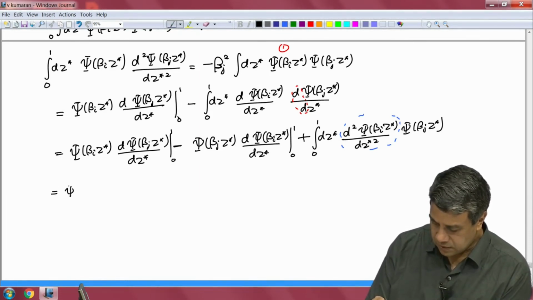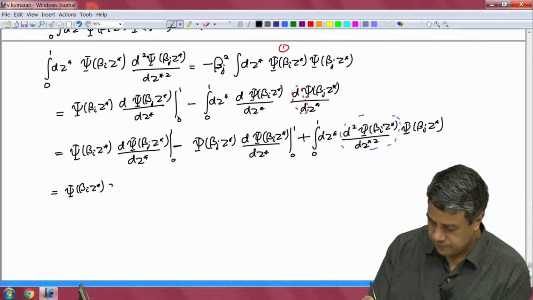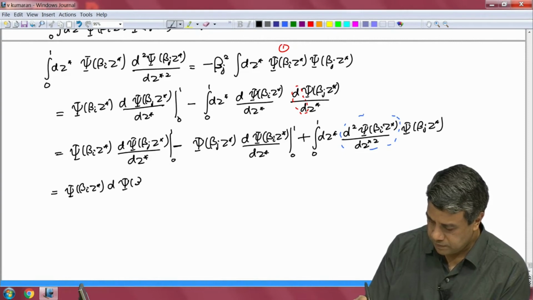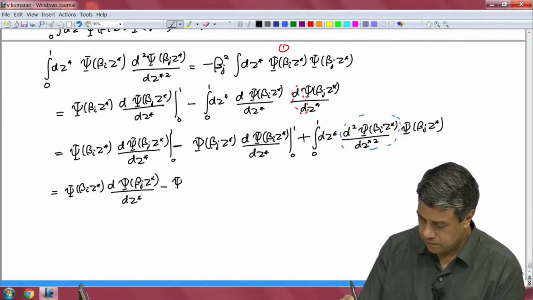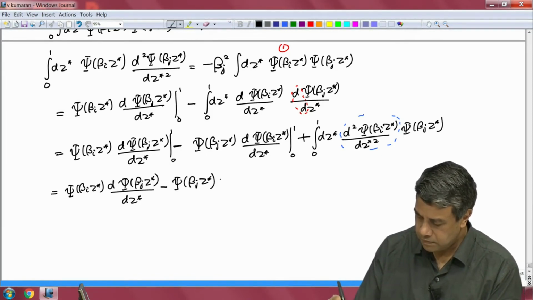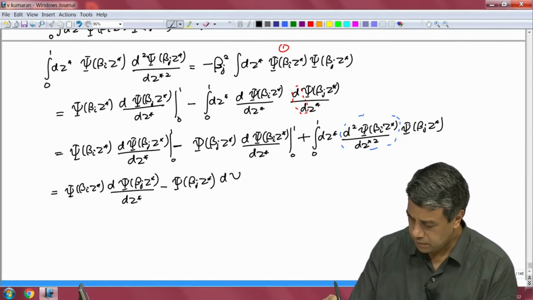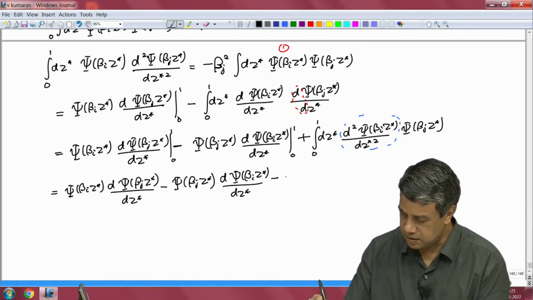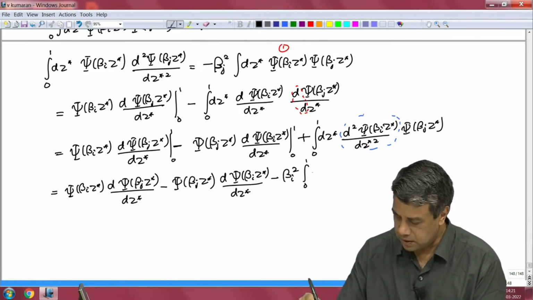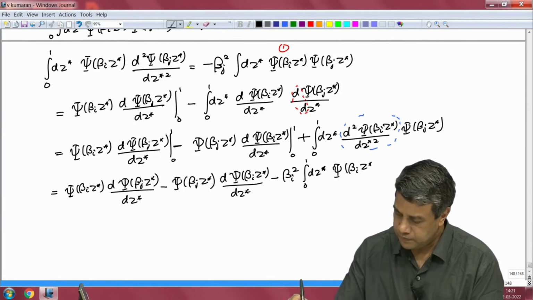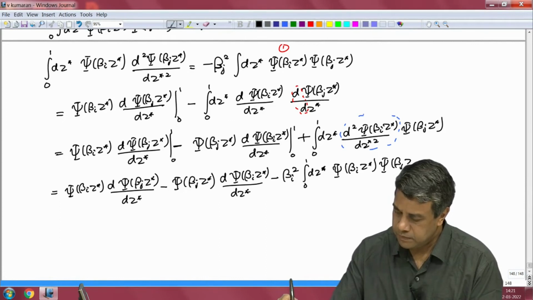So, therefore, I will get the first two terms as usual, minus beta i square times the integral 0 to 1 dz.